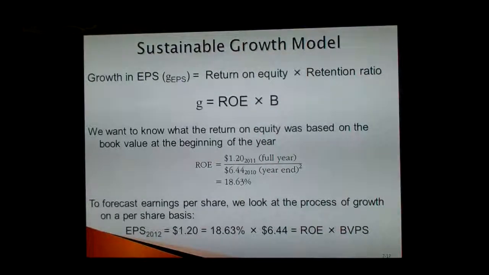To forecast earnings per share, we look at the process of growth on a per share basis. So they're saying EPS for 2012 is going to be 18.63% times 7.26, because that's what we're considering our return every year.